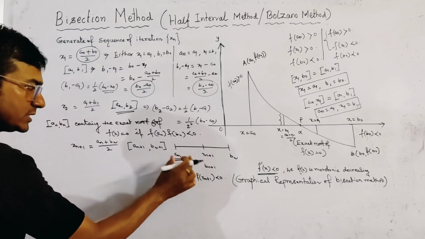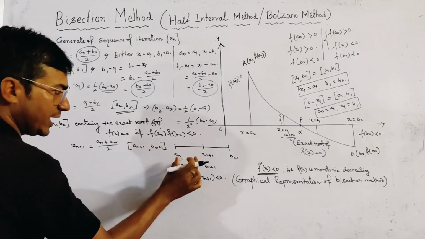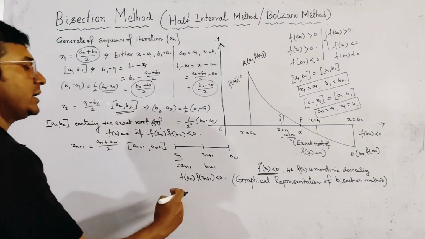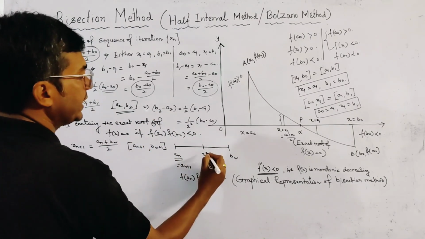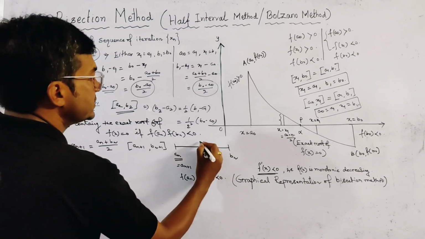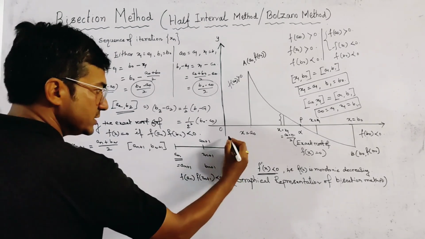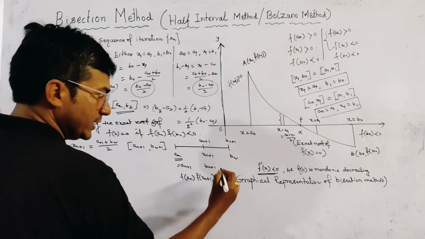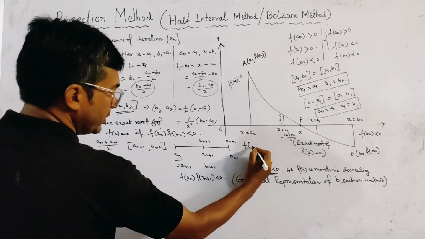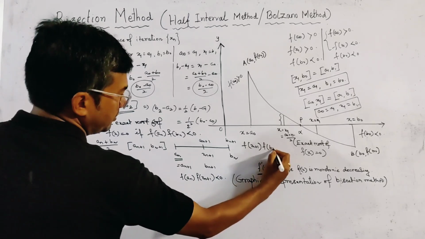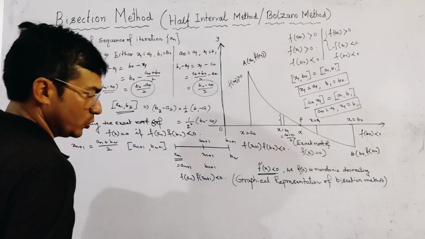This is the first case, where we take the interval an, xn plus 1. In the second case we take xn plus 1 equal to an plus 1, and bn equal to bn plus 1 if f of xn plus 1 into f of bn is less than 0.